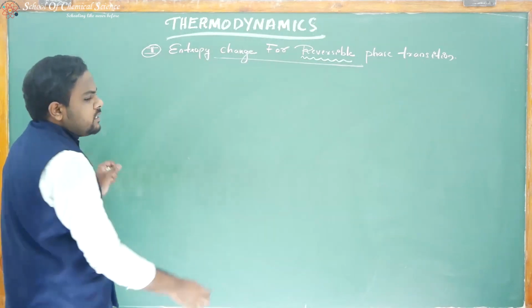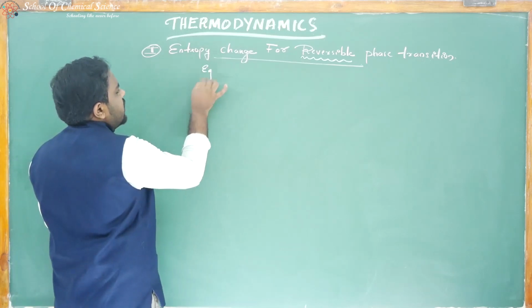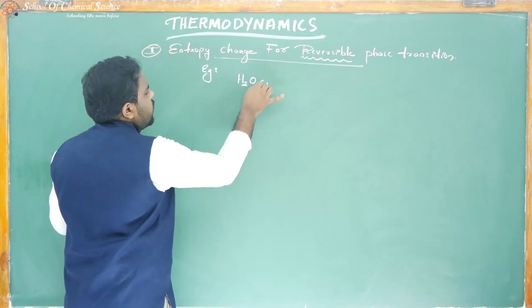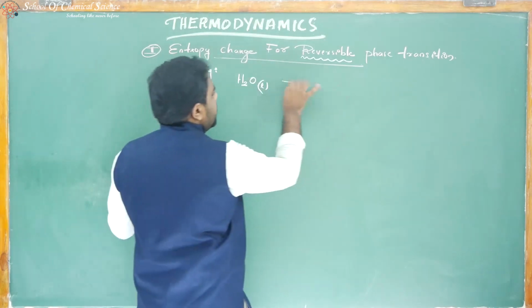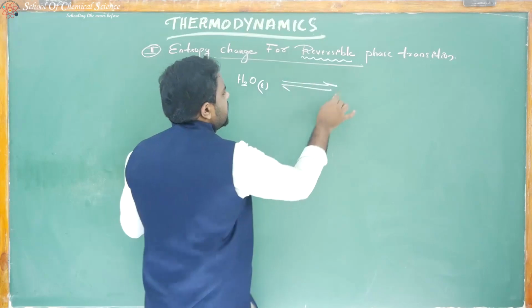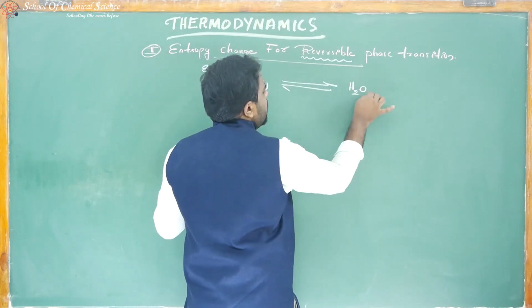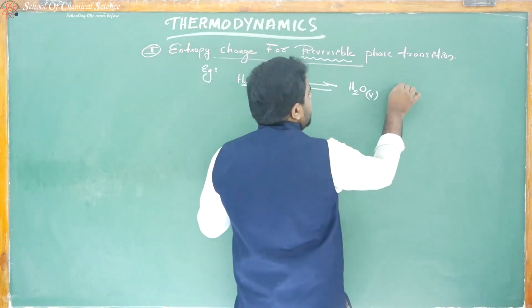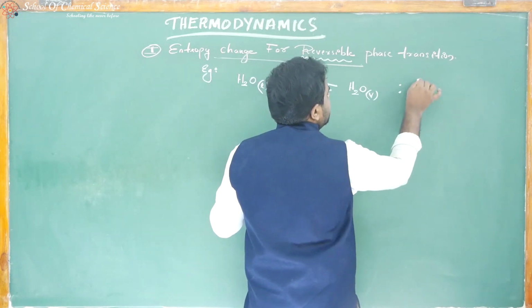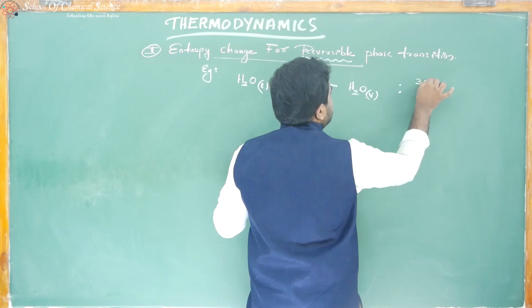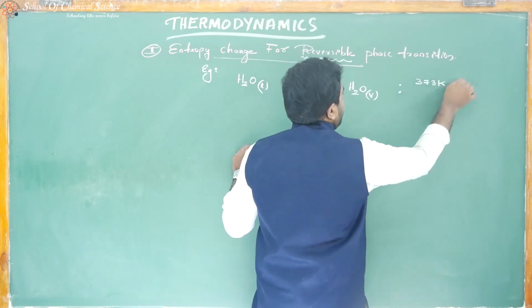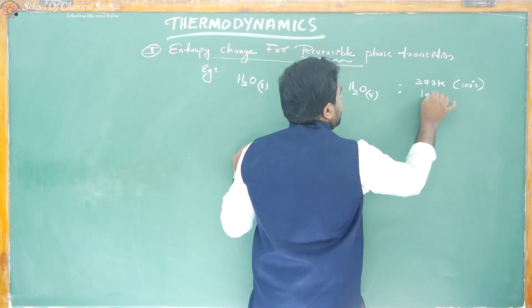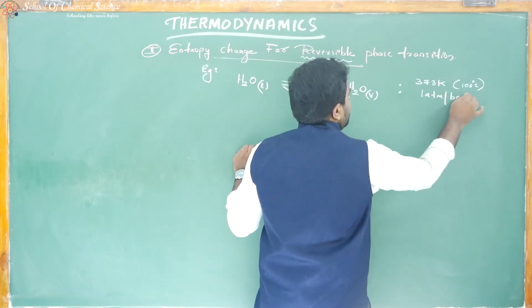For example, consider H2O liquid reversibly giving H2O vapor, and the condition is 373 Kelvin or 100 degrees Celsius, pressure 1 atm or 1 bar.